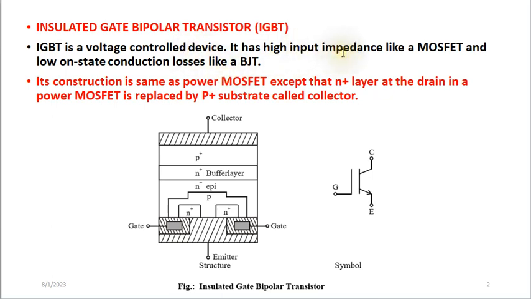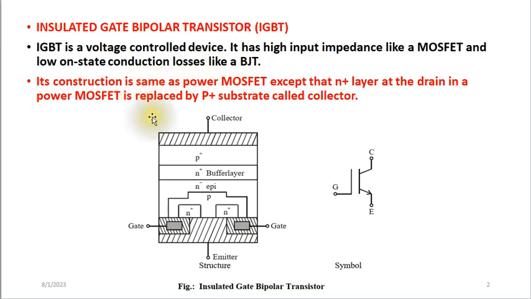It also has a high input impedance, just like the MOSFET we have discussed, and it has low on-state conduction losses. That is, whenever it is in conducting mode, the losses are very small, like in the BJT.